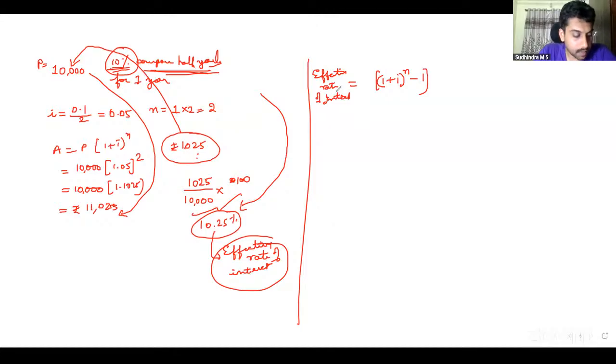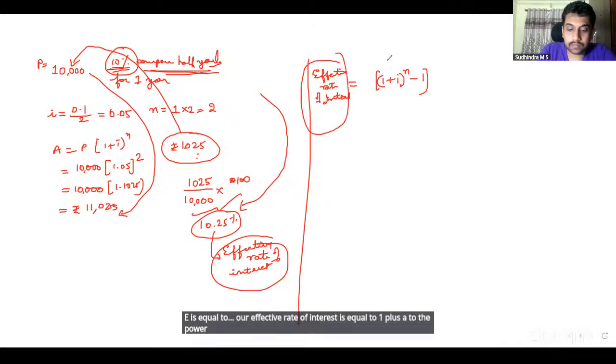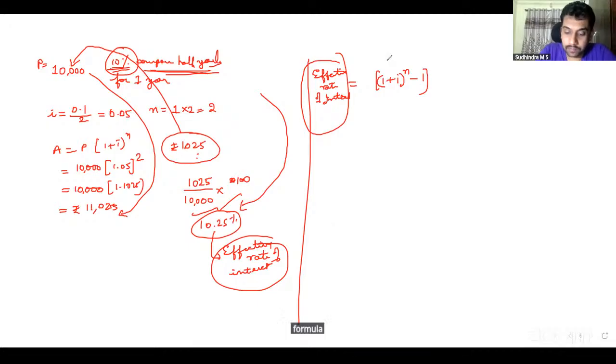Full stop. Below that, E is equal to, or effective rate of interest is equal to 1 plus I to the power n minus 1. Formula.